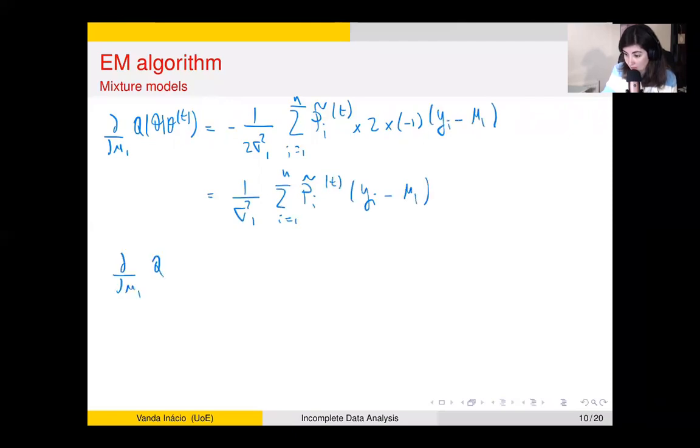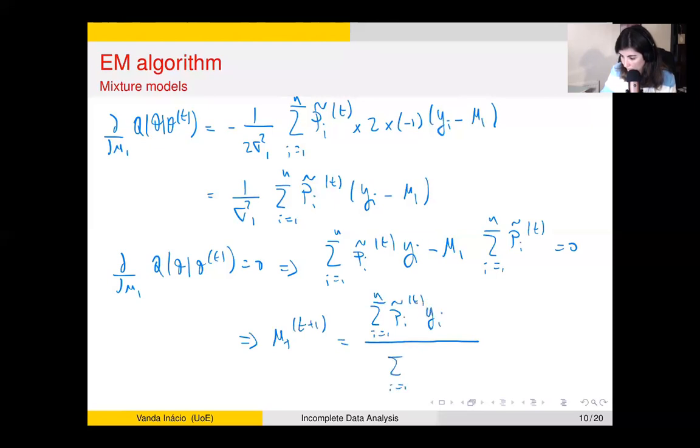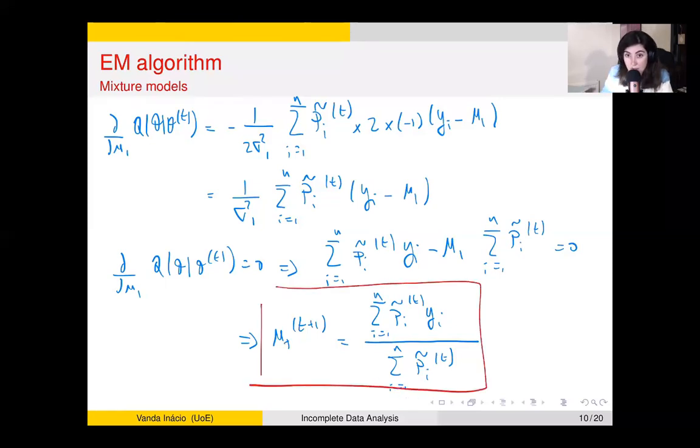And now setting it to 0, and that's my updating equation for the mean of the first normal component.